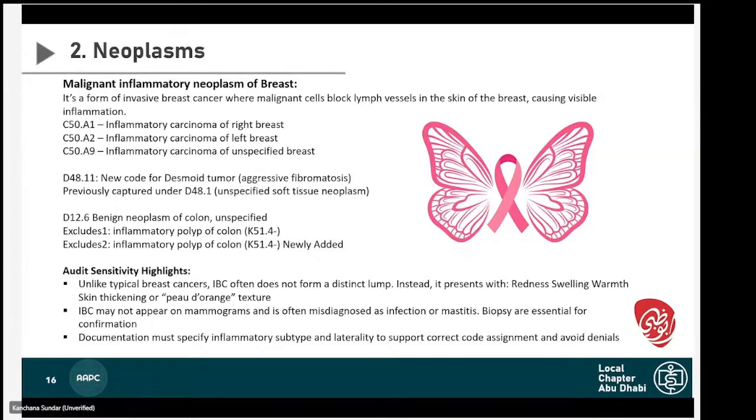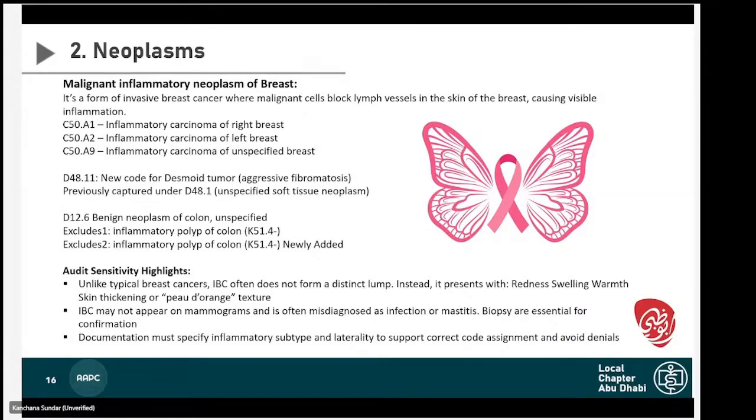For benign neoplasm of colon, there is no change to the code as such, but an excludes note has been changed. That also is an important change as a coder. I believe you will agree that excludes1 moving to excludes2 is a huge change in a coder's approach.